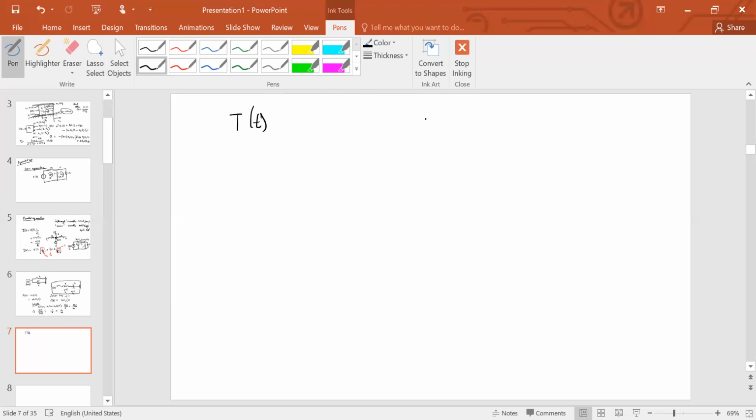So for a component such as this, which is a torsional spring, let's say T is applied and results in a rotation of theta, I may write this as T = K theta.